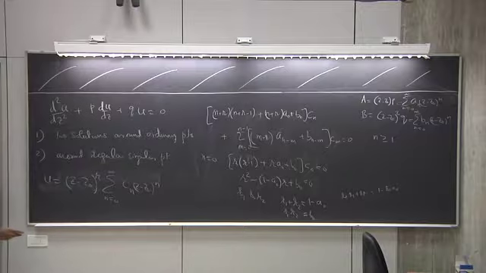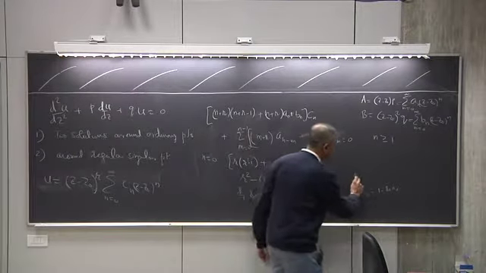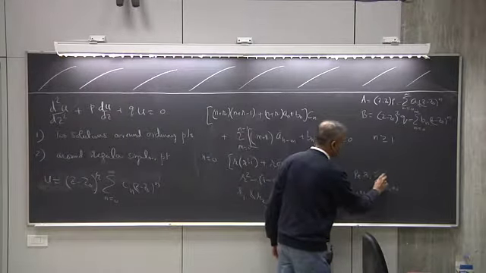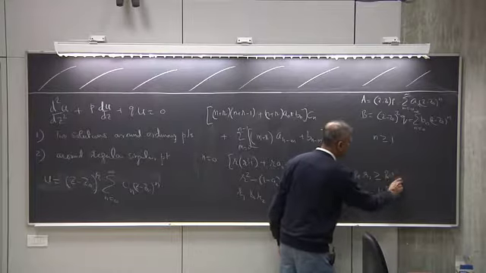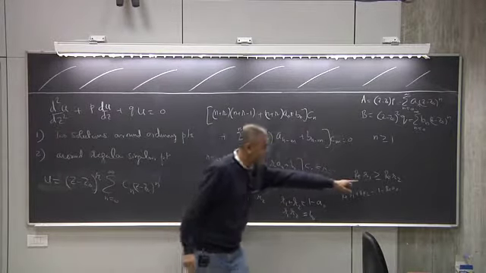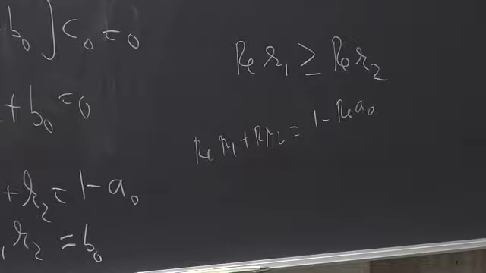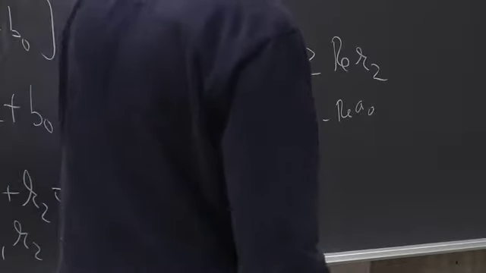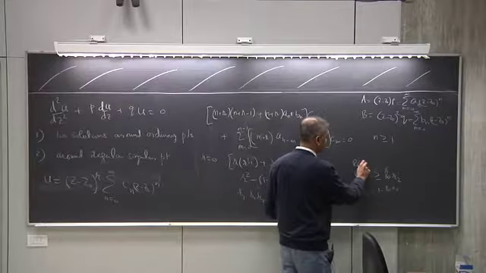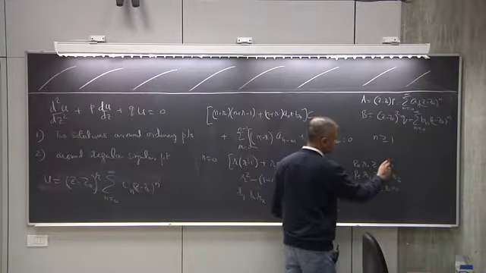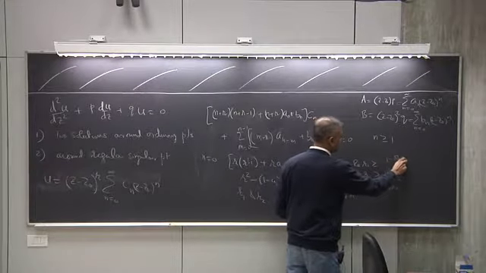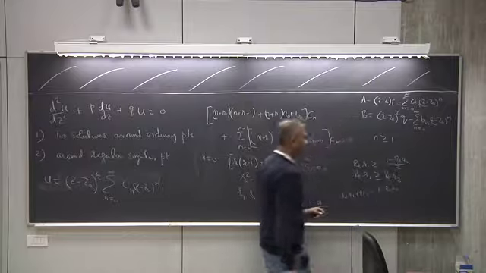So the point is the real part of r1 is greater than or equal to the real part of r2. This is my convention. This of course implies that the real part of r1 is greater than or equal to (1 minus real part of a0) divided by 2, right?